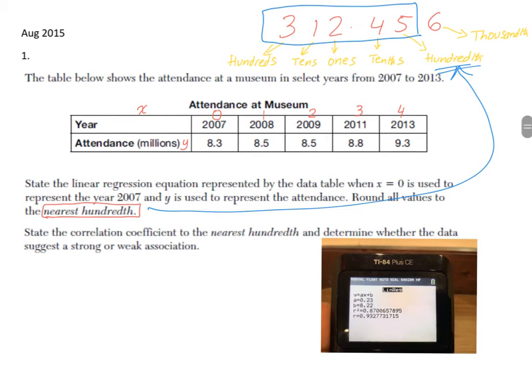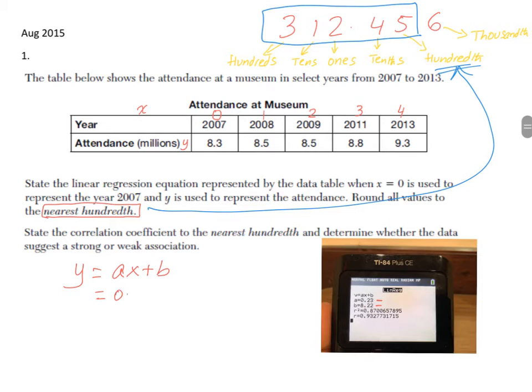So our equation would be y is equal to ax plus b. So let's put that. Now what's the value of a? A is 0.23 and b is 8.22. So let's plug those in.